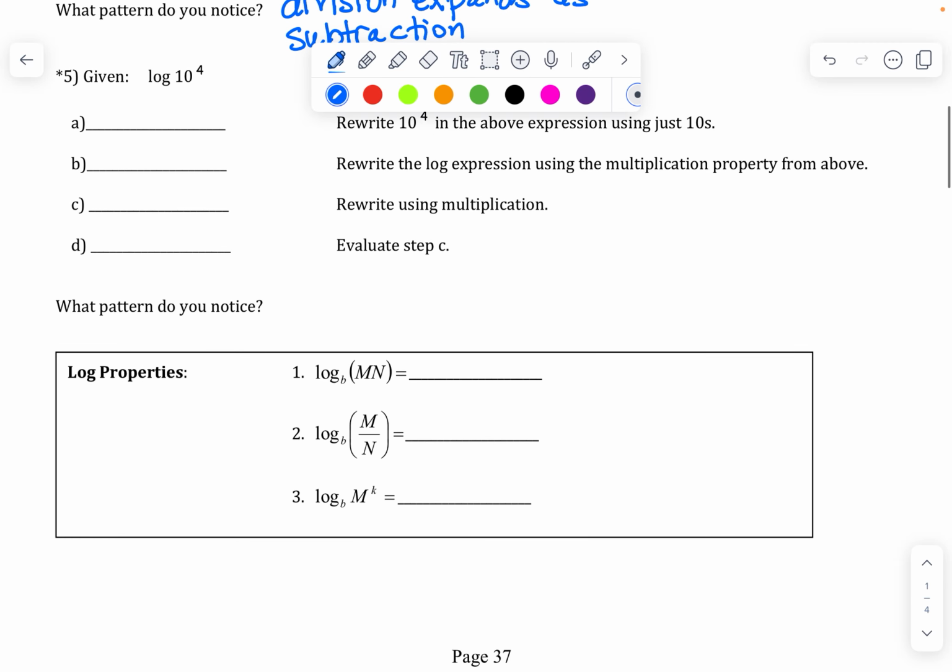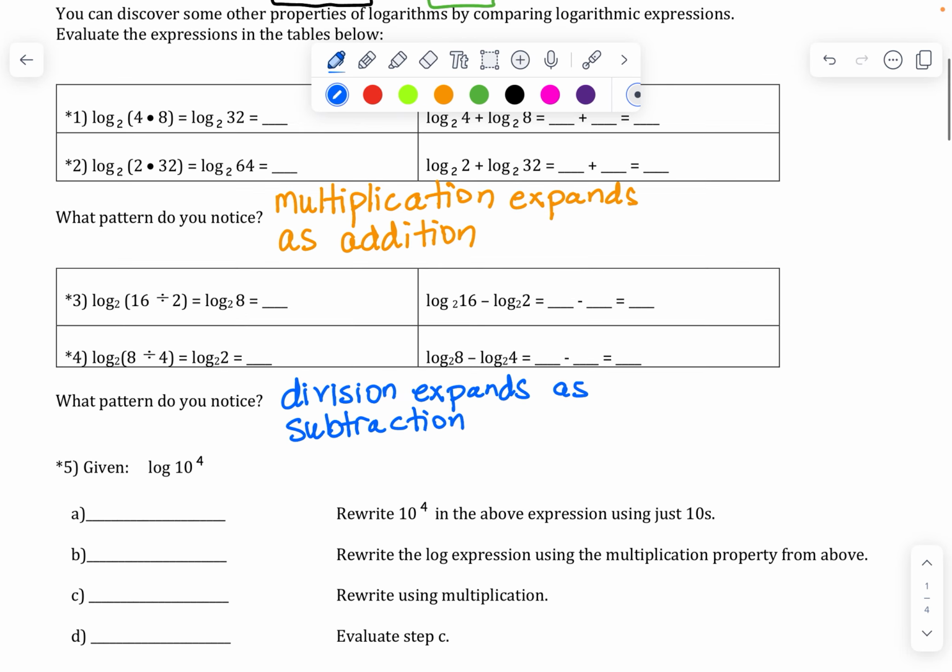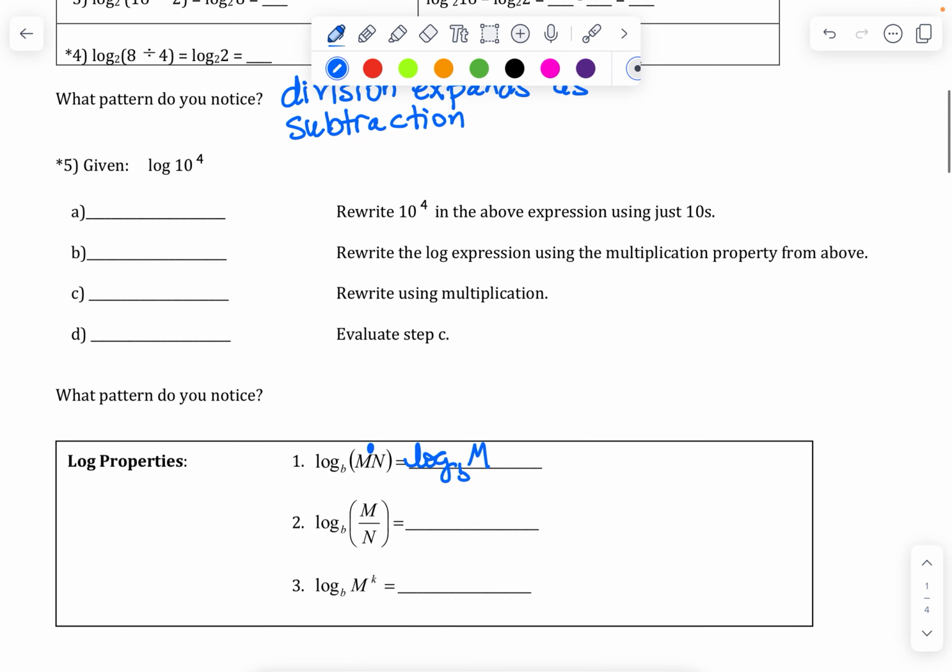So that pattern is the exponent can be written in front of log as a multiplier.